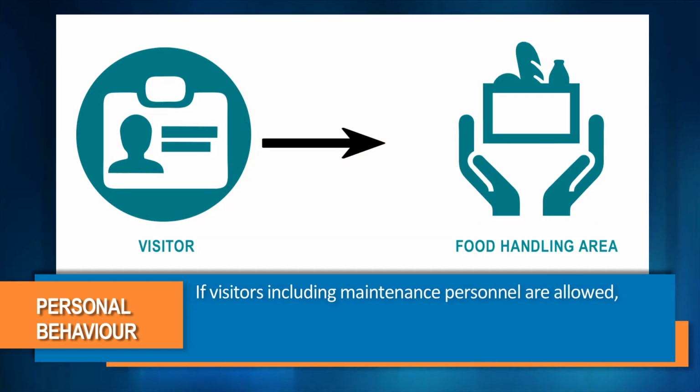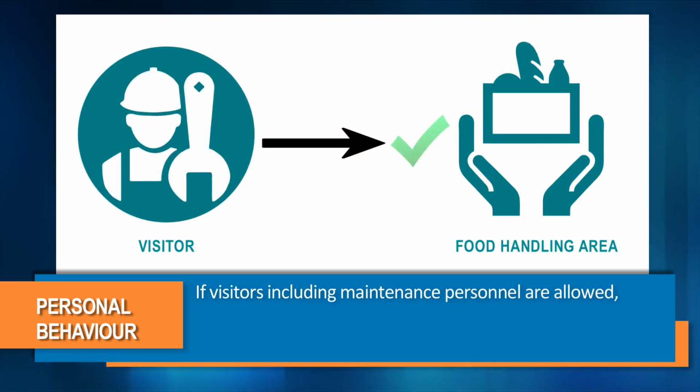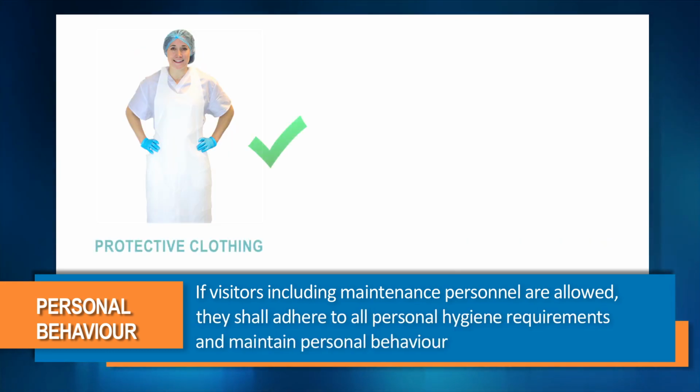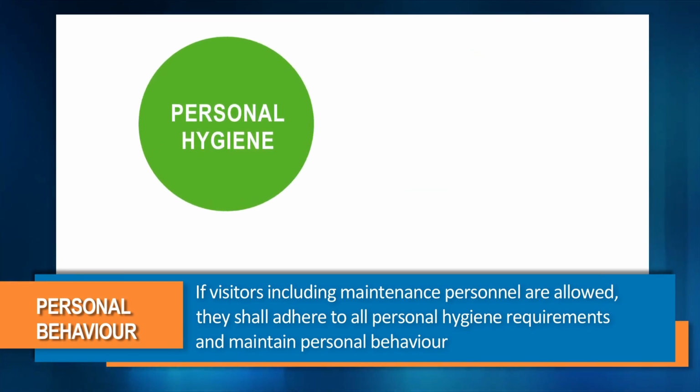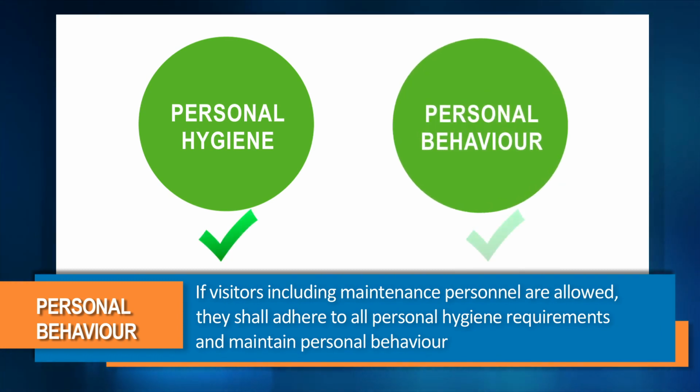If visitors, including maintenance personnel, are allowed, they shall wear appropriate protective clothing, footwear, and adhere to all the personal hygiene requirements and maintain personal behavior while entering the food handling areas.